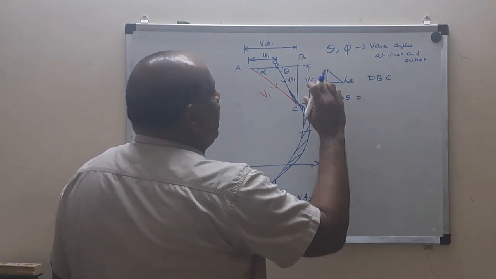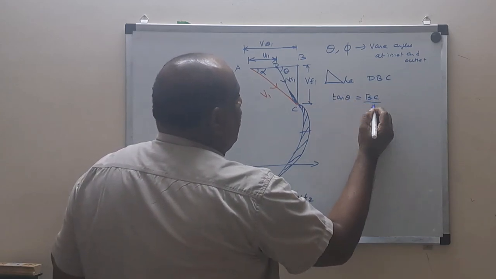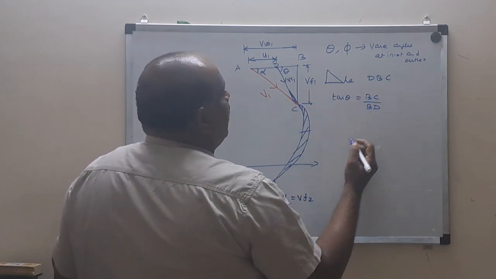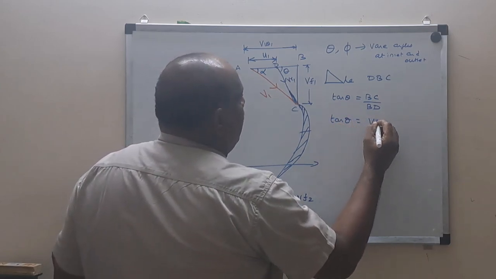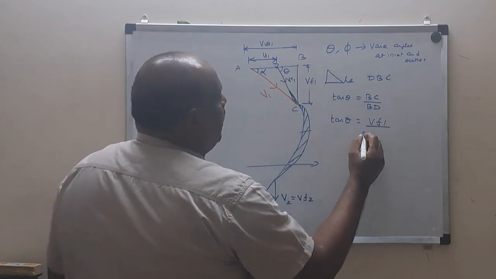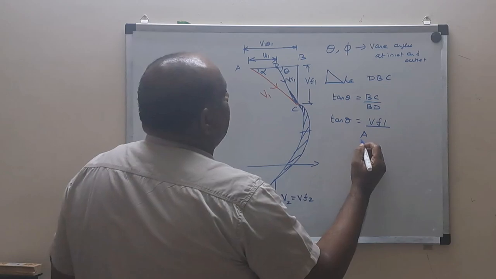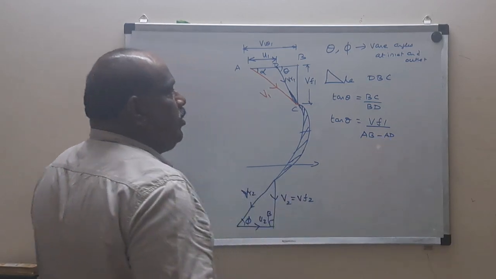What is tan theta? Tan theta equals opposite by adjacent. The opposite is BC and the adjacent is BD. So tan theta will be equal to VF1 by BD. BD will be equal to AB minus AD. Do you agree with me?